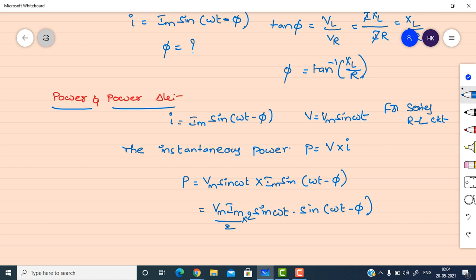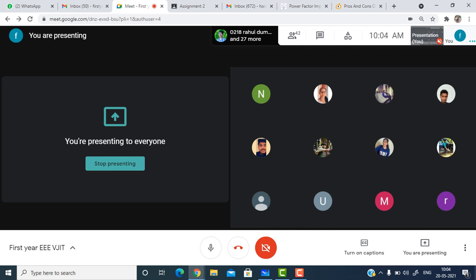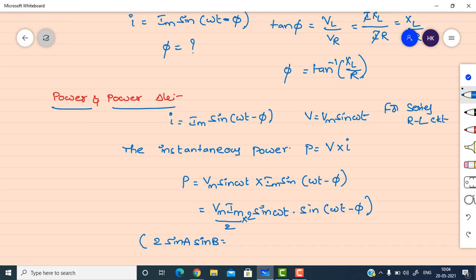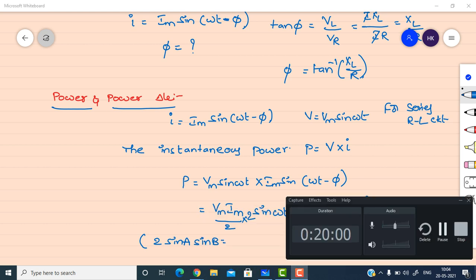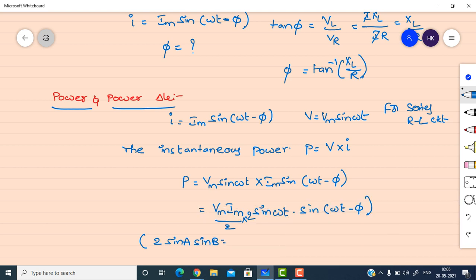So that's why I am dividing and multiplying, to get 2 sin A sin B. What is the formula for 2 sin A sin B? 2 sin A sin B is equal to cos(A − B) − cos(A + B).